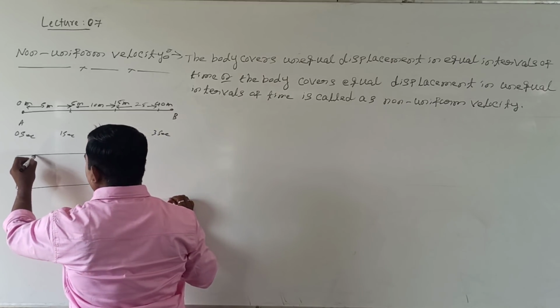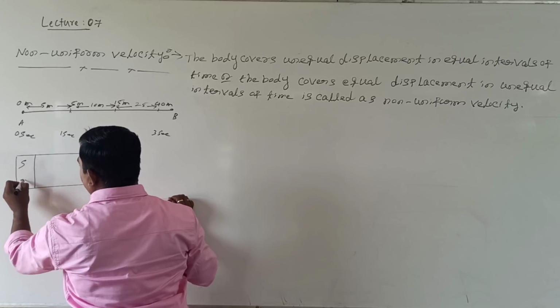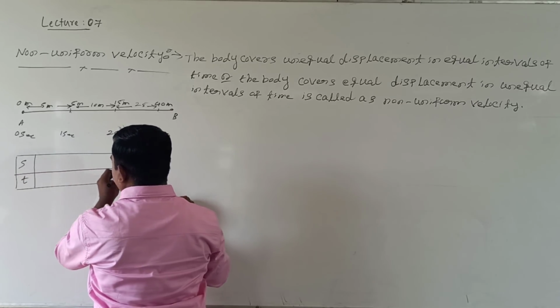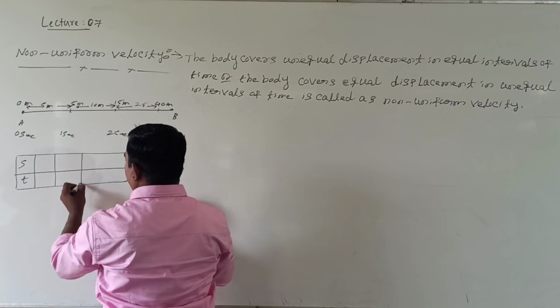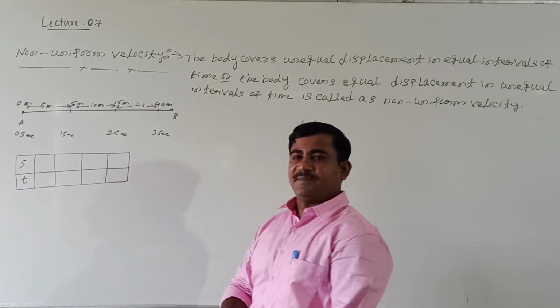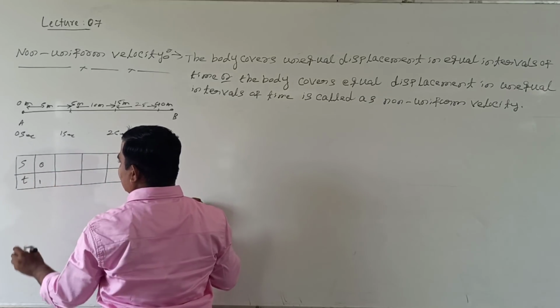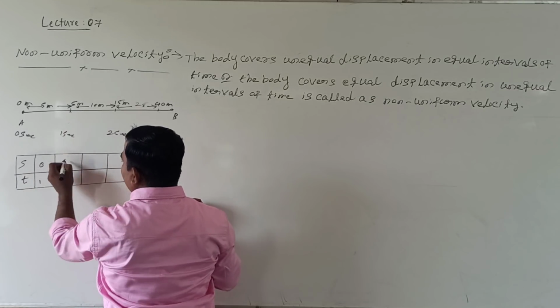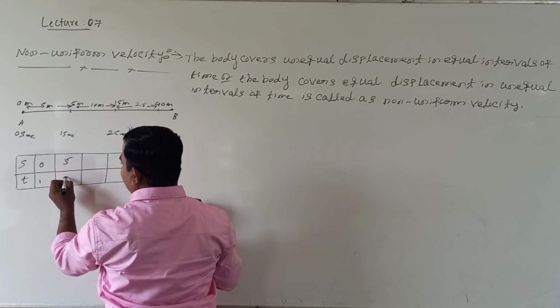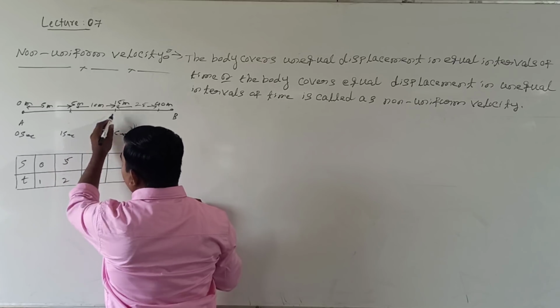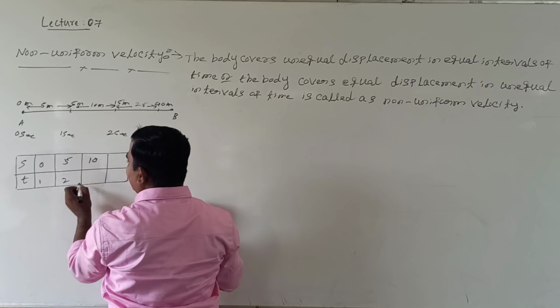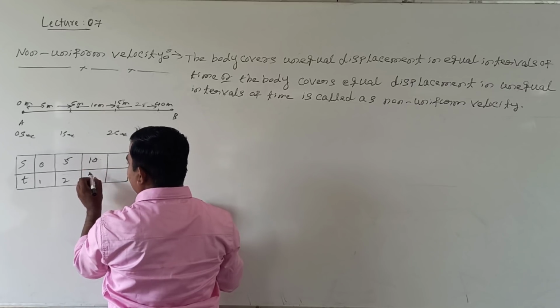See here. In one column I will take the displacement, and in another column the time. Displacement is 0, time is also 0. Displacement 5 meter at 1 second. Displacement 10 meter at 2 second. Displacement 25 meter at 3 second.